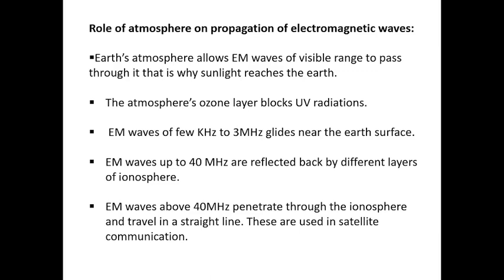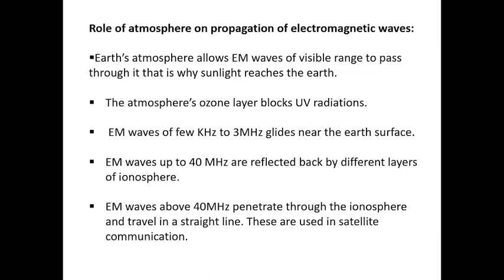The Earth's atmosphere allows EM waves in the visible range. That is why we have light coming from the Sun onto the Earth's surface. The atmosphere's ozone layer will block the UV radiation coming from the Sun.